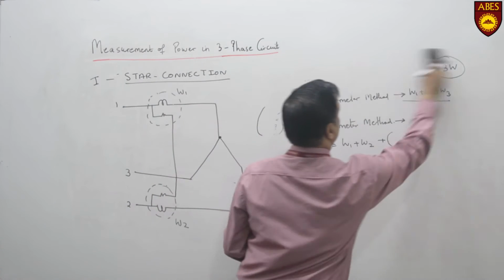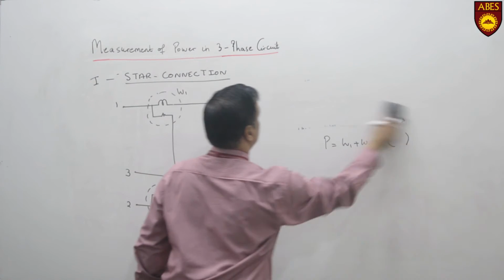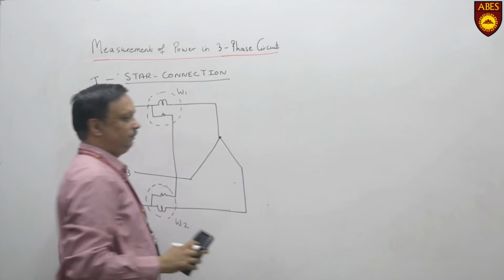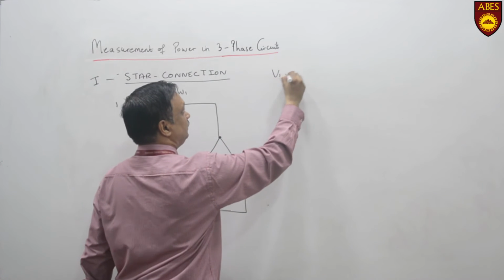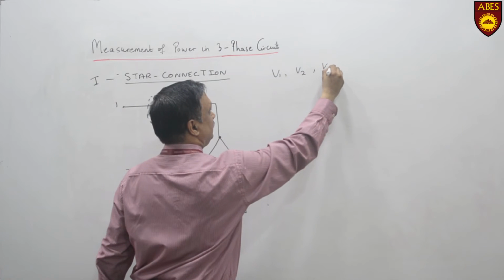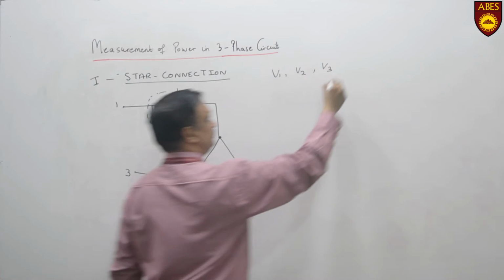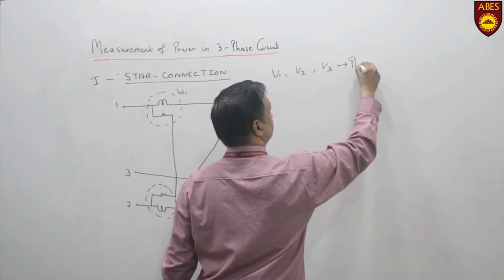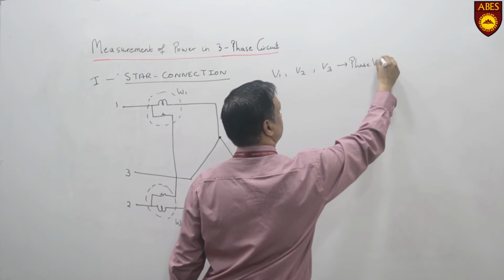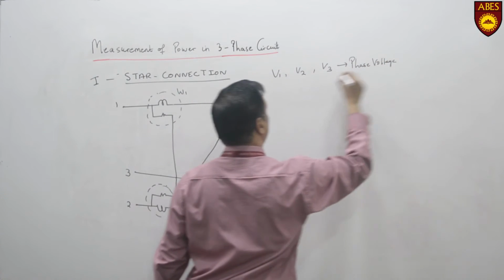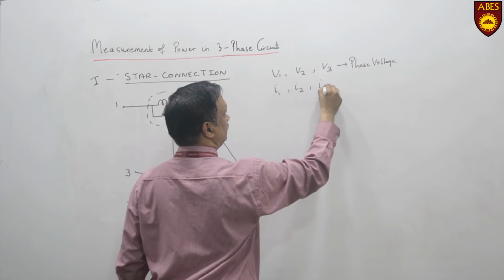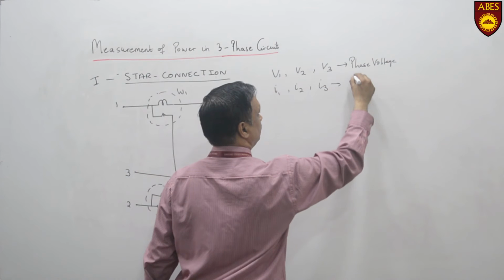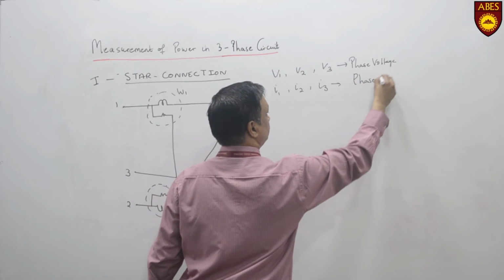So let us first define the phase voltages. Here V1, V2 and V3 are the phase voltages, and I1, I2, I3 are the phase currents.